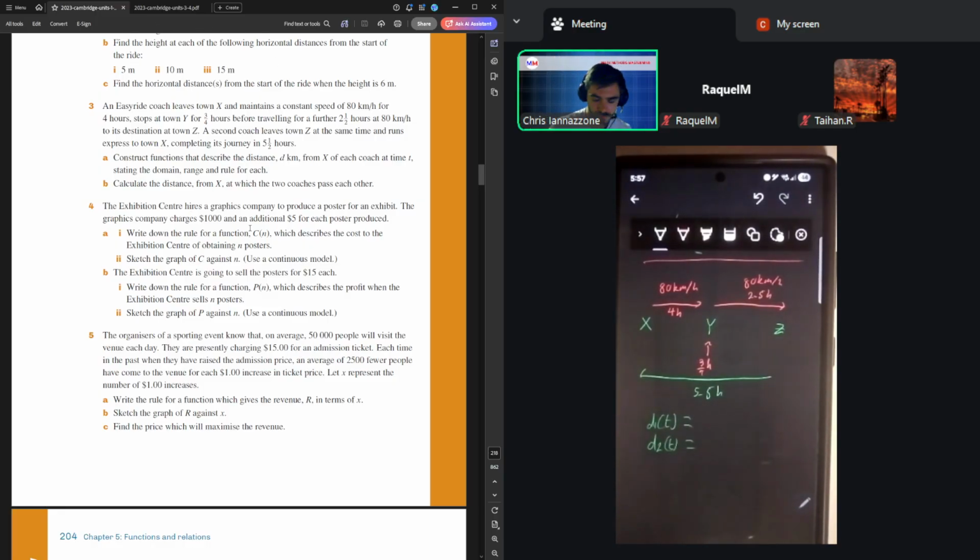One of the things that can be good is to take a step back from the question entirely and ask: what do I know about distances? What do I know about speeds? What do I know about times? How are they related to each other?